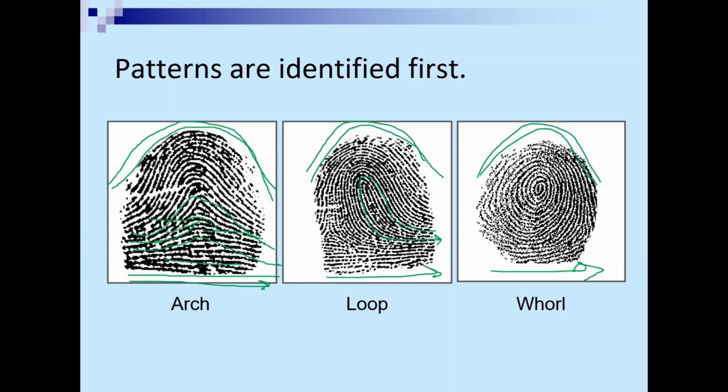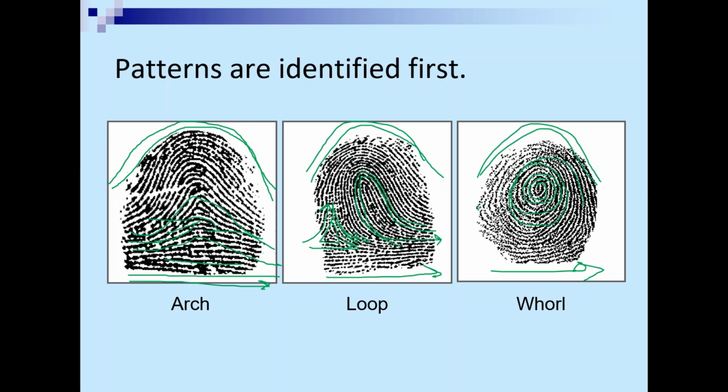Also notice that for a loop, when you have these ridges that go up and wrap around, the other feature is right here where you have the wrap around in this direction, the straight across at the bottom, and the up and over here. You're forming a triangle, and this triangle is called the delta. So a loop has 1 delta. A whorl has a ridge pattern that spirals in and circles around and never really exits.